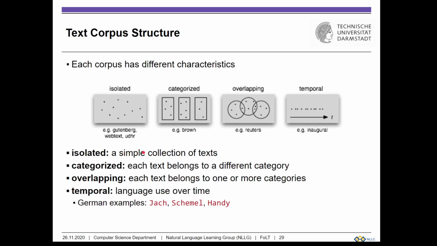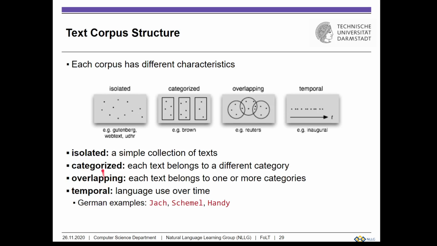So you only have the corpora, but you have no class labels, for example, or no other types of annotations. A categorized corpus means that the documents in the corpus are categorized along different classes, such as in the Brown corpus or in the Reuters corpus.